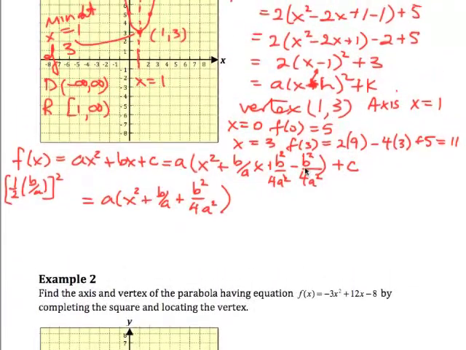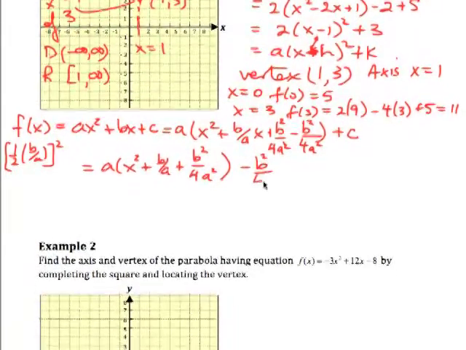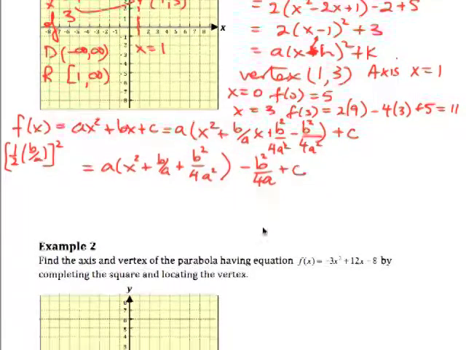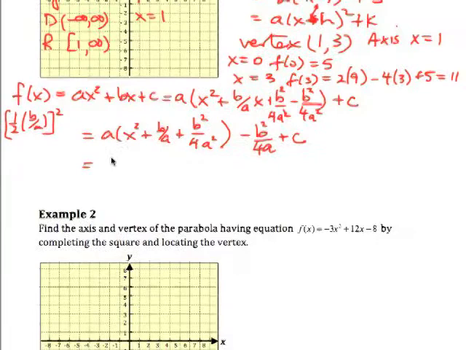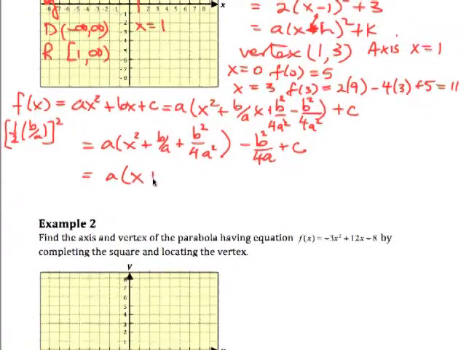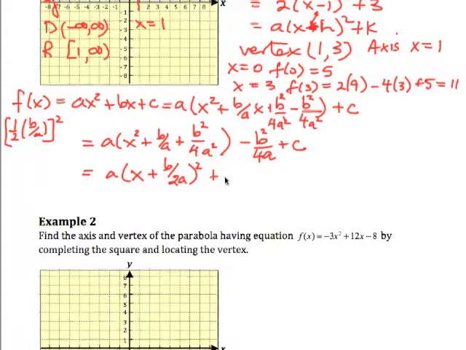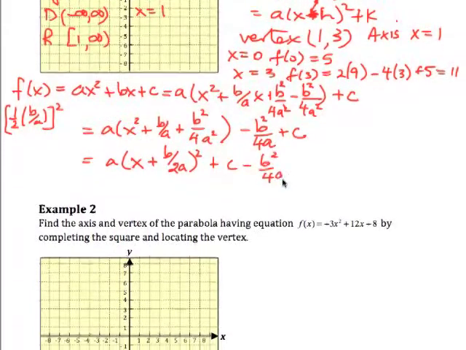Now, when I distribute the a through here, I'm going to get a negative b squared on 4a, because one of the a's cancels, plus c.